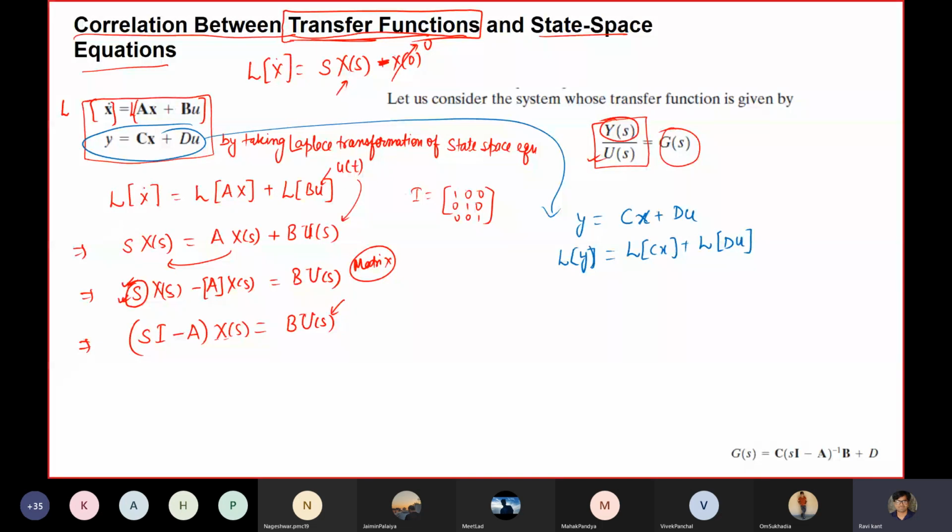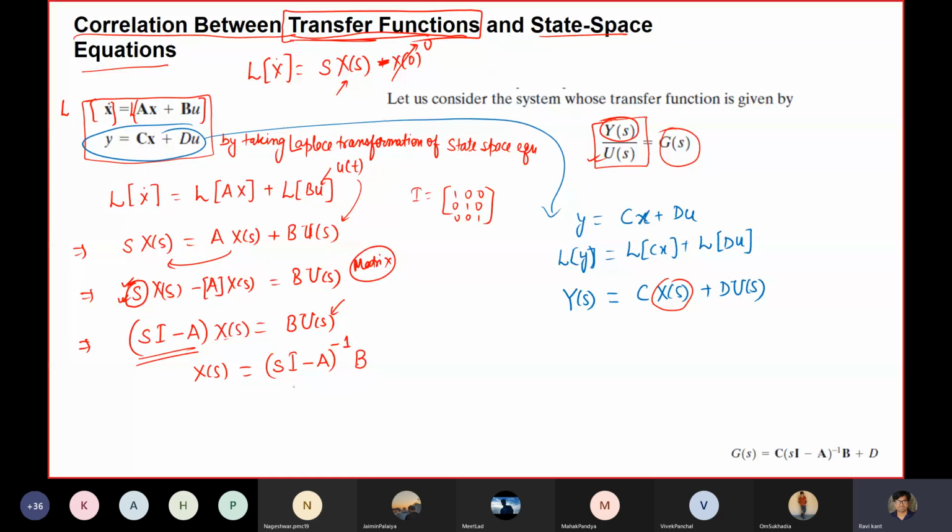I'll do one more modification over here. So X(s) I want to write exclusively so that I can replace this X(s) with this term over here. So I can take an inverse of this and write comfortably (sI minus A) inverse times B. These are matrices: this is a matrix, this is a matrix, this is a matrix, this is a scalar, times U(s).